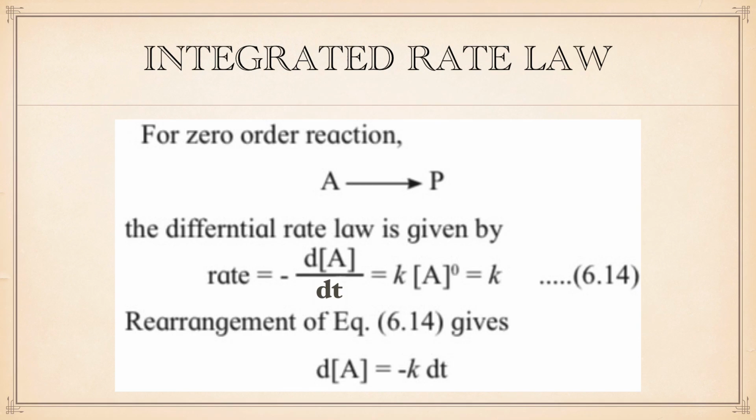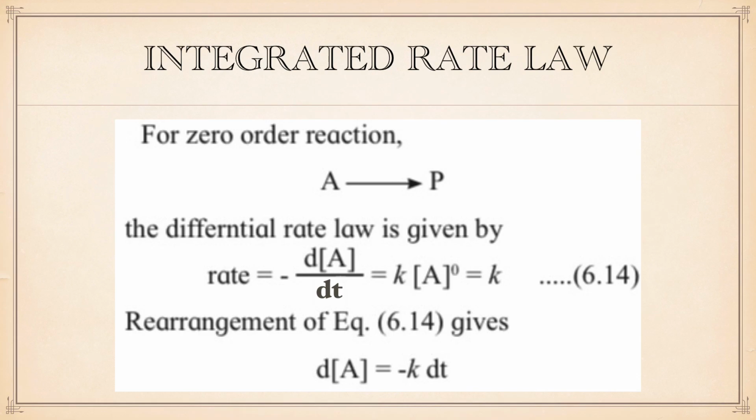The differential rate law for the reaction will be given by rate is equal to minus d[A] upon dt, that is equal to k into [A] raised to 0. Now A raised to 0 is nothing but equal to 1. Therefore, it is simply k into 1, that is k.